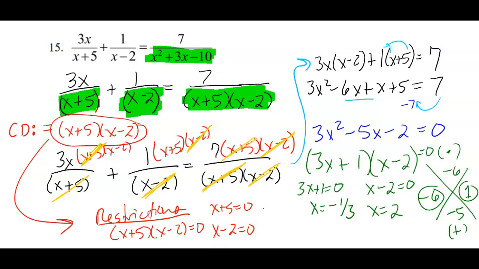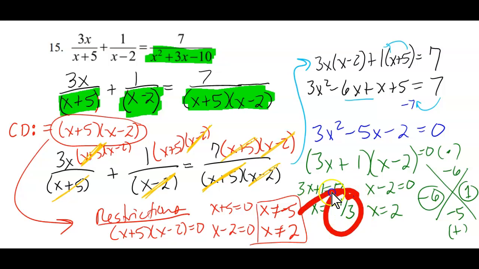So my restrictions are x cannot be negative 5, and x cannot be 2. So I look at my first answer, negative 1/3. Is that negative 5 or 2? Nope. So that one is perfectly fine. That is a valid checked answer.